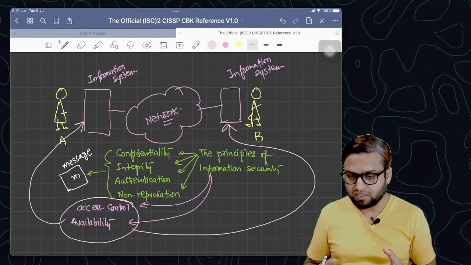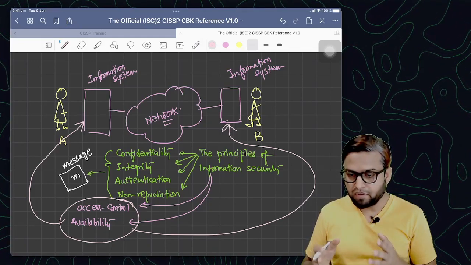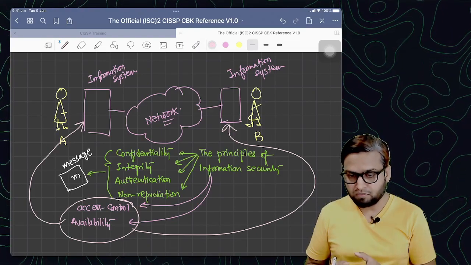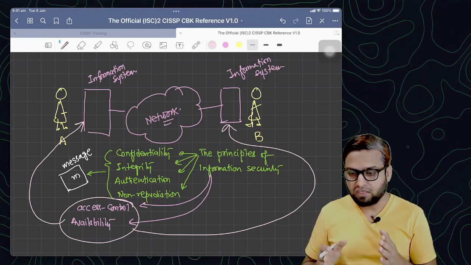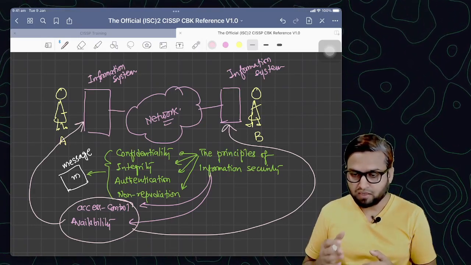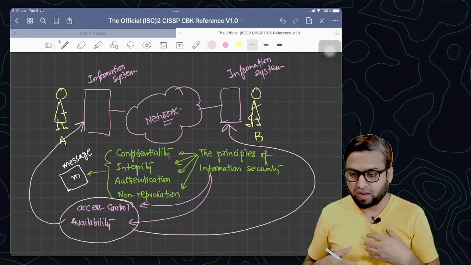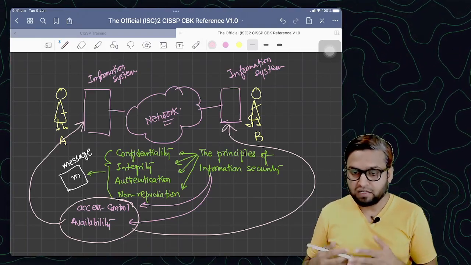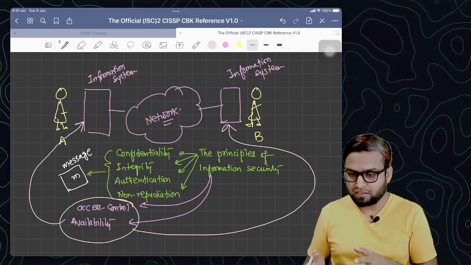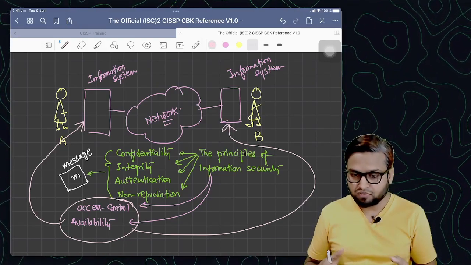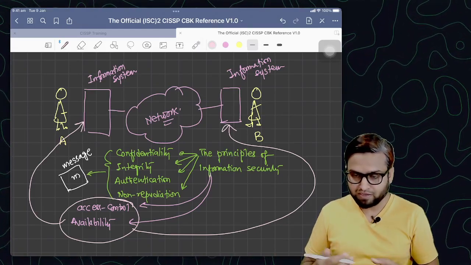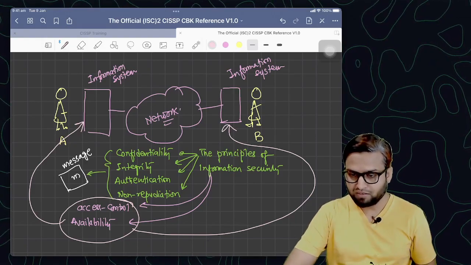Availability is a principle which says that the message should be available to authorized users, processes and systems for the time it is meant to be available, right? There are different things which violate these principles, like interception is for confidentiality, modification is a violation of integrity. Those kinds of things were already discussed in my last video, so I will not go into them again. So this is something which is useful.